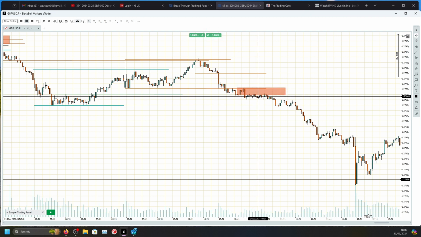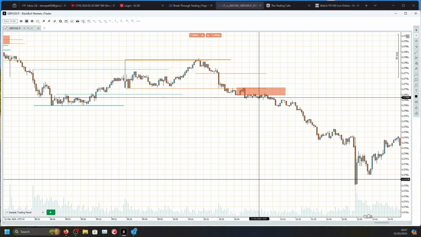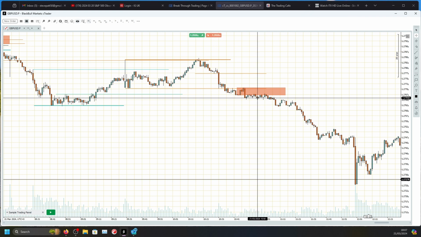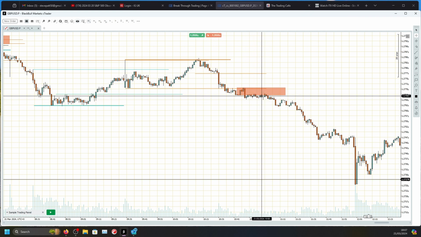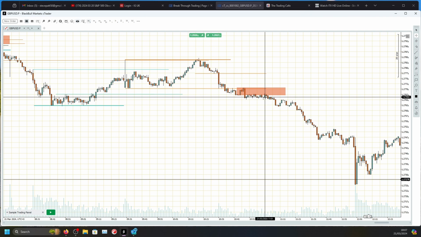So if I didn't enter off of that candle there, and then I get that happening there, and then that happening there, if I hadn't entered here, I'd be entering here. If I didn't enter here, then I'm definitely entering there, after price then comes back and gives me something else.